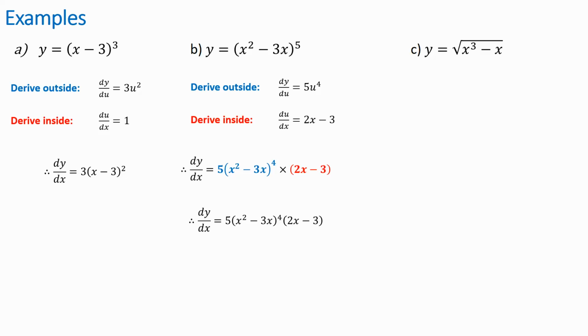If you got the answer I got for B, most students will leave their answer like this, and that's fine. I'm pretty sure in a year 12 exam they won't penalize you unless they were very pedantic and said in simplest form, or in a particular bracket where they don't want any extra terms inside. You're meant to take it further. So how do you take this one further? Most students do this, and they make this mistake.